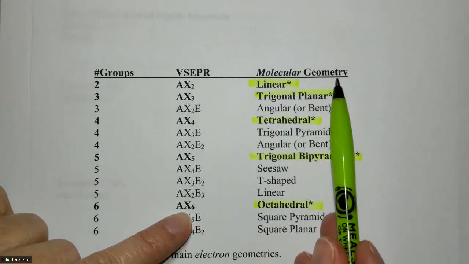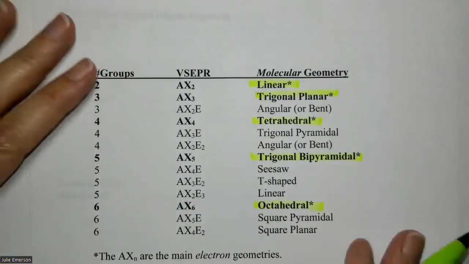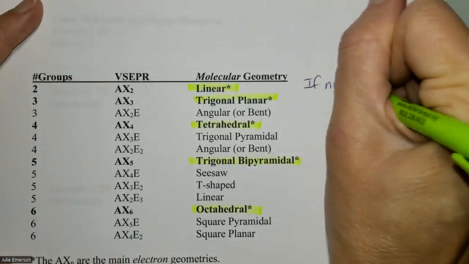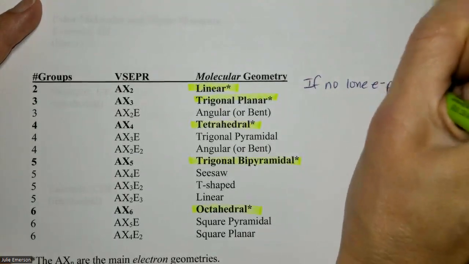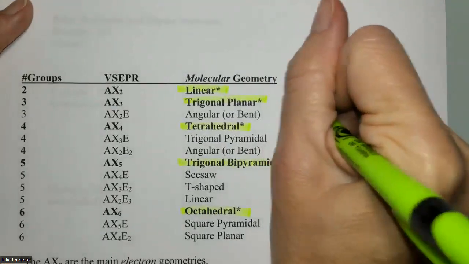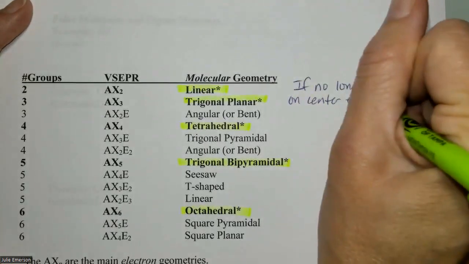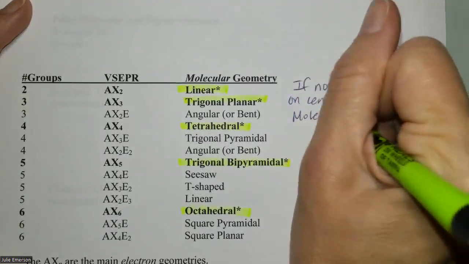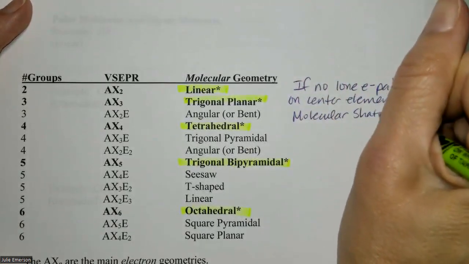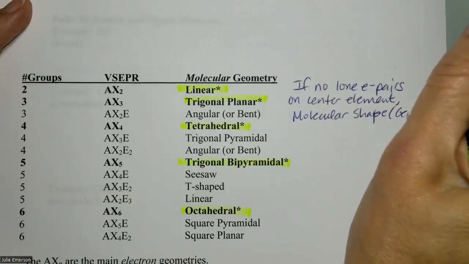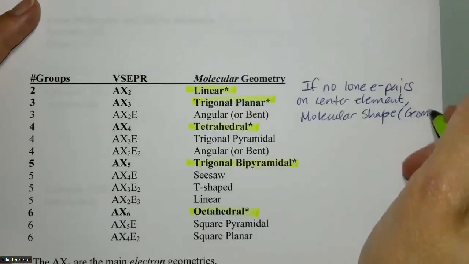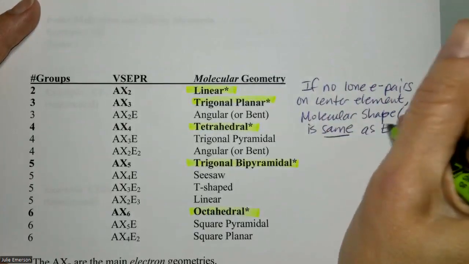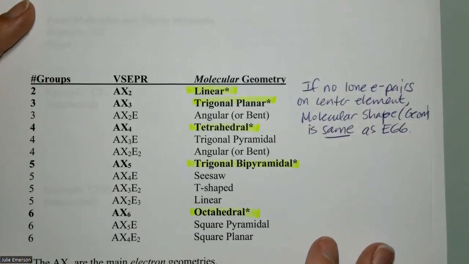All right. Now, molecular geometry. Here's the thing. If there are no lone electron pairs on the center element, then your molecular shape or geometry is the same as the egg, the electron group geometry.